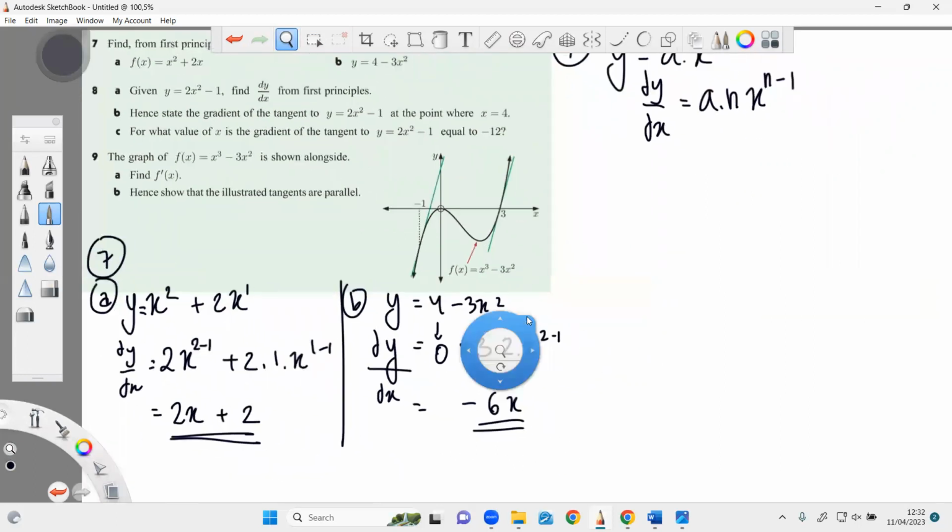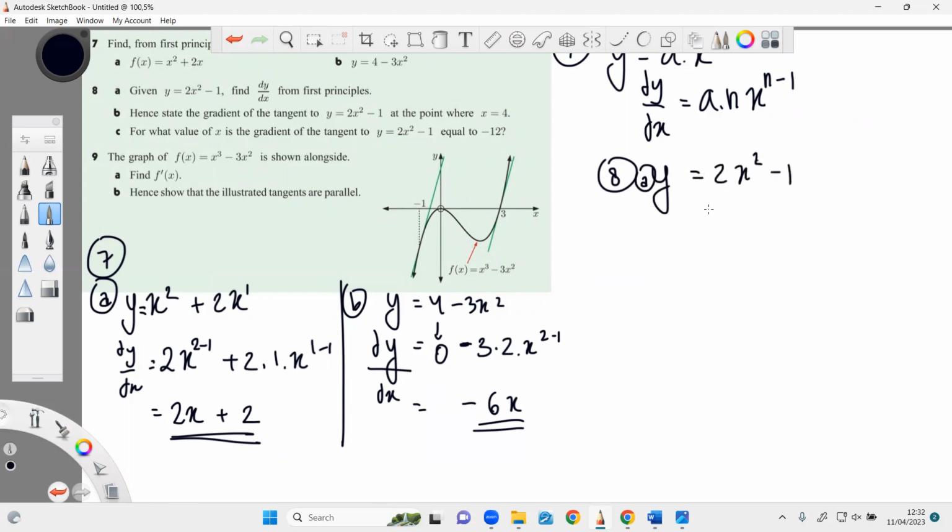How about 8? Let's see. y equals x squared minus 1. So the dy/dx equals 2 times 2 x power 2 minus 1 minus 0, right? So equals to 4x. Done.